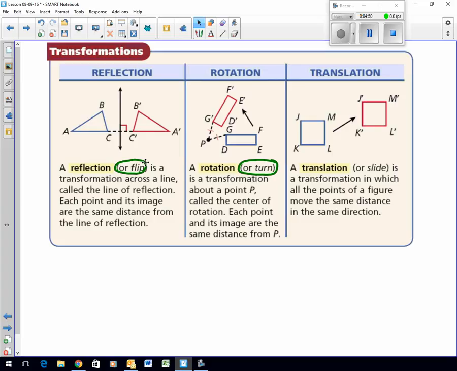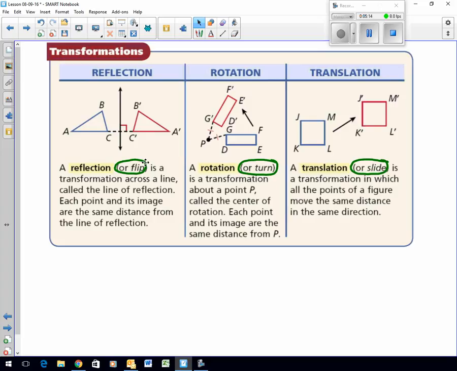Finally, the last one I've got for you is a translation. Translations slide. These are the easiest ones to typically recognize and the easiest ones to complete. They slide the same distance in the same direction. Okay?